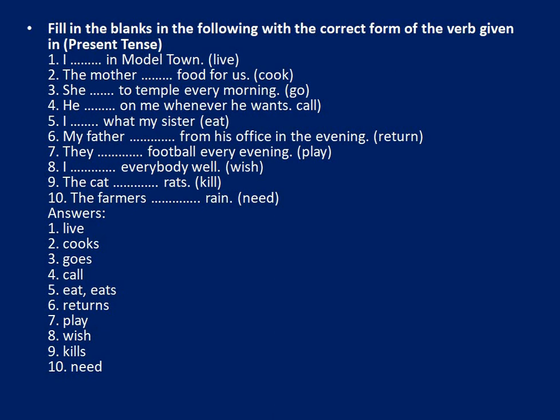They play football every evening. Number 8. I dash everybody well. I wish everybody well. Number 9. The cat dash rats. The cat kills rats. The farmers dash rain. The farmers need rain.